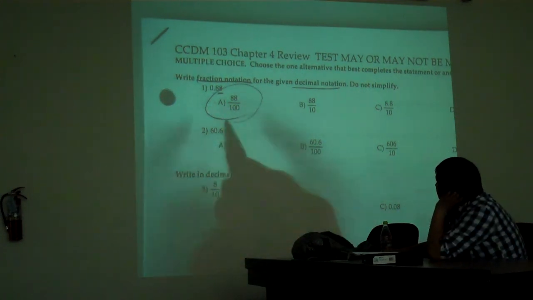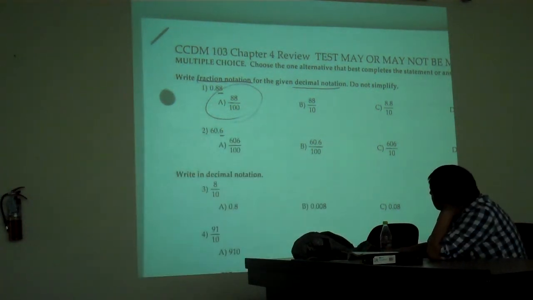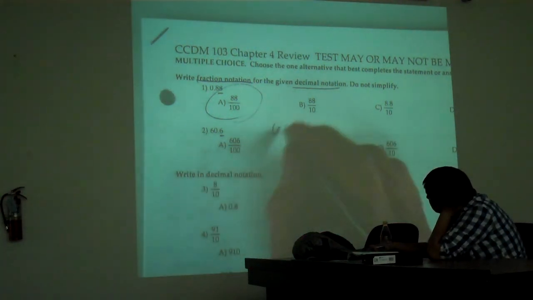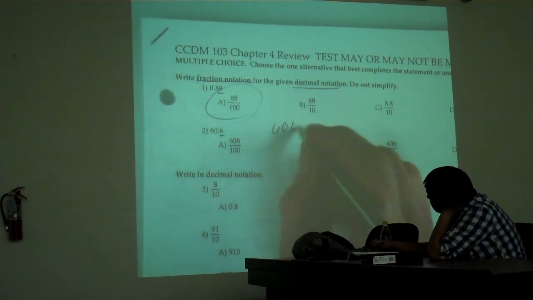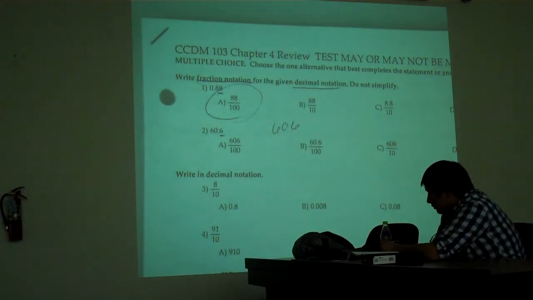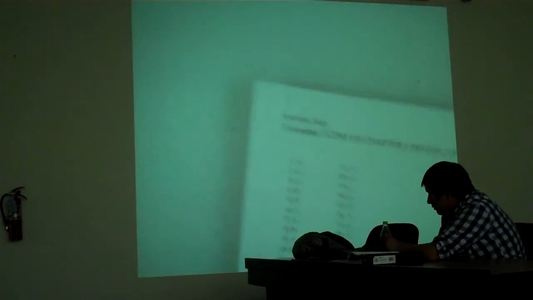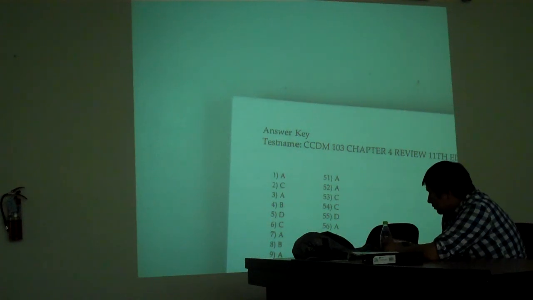This one, the 6 is in your tenths place. You're going to have 606. Don't put a decimal in it. 606 tenths. Number 2 is C. See how your answer 2 is C?